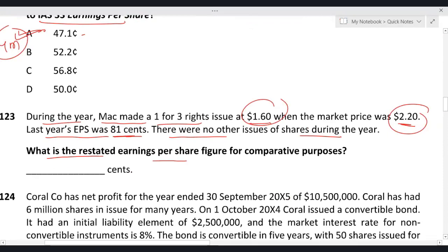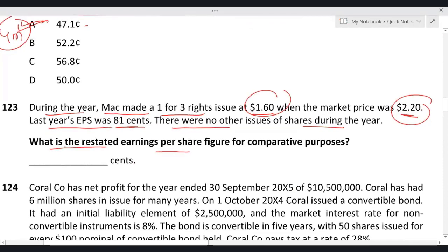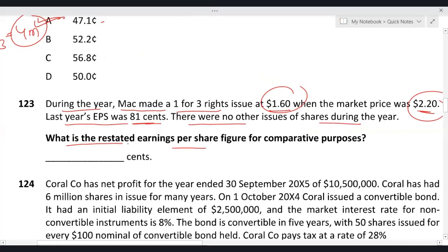Okay, we do not have any choice. So what they are asking is the restated EPS figure for comparative purposes. In this, you have to answer in cents. Now try to understand. What should we write? I'm getting 75.476.